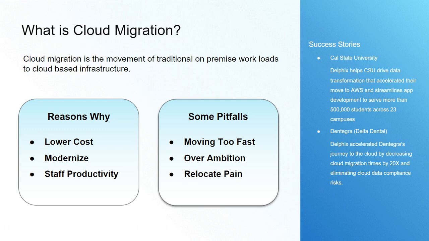They use both on-premise masking of data and our replication product to move the data into the cloud. They reduced the time it took to get fresh data to their developers from days to hours, and they realized a 20x reduction in the time it took to move their non-prod operation into AWS.